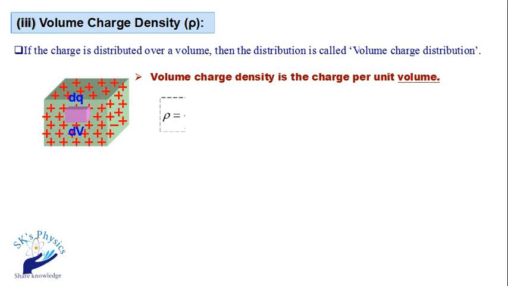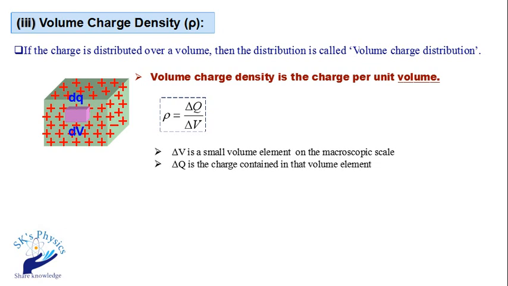Rho is equal to delta Q by delta V. Delta V is a small volume element on the macroscopic scale, and delta Q is the charge contained in that volume element. Implies rho is equal to dq by dV.